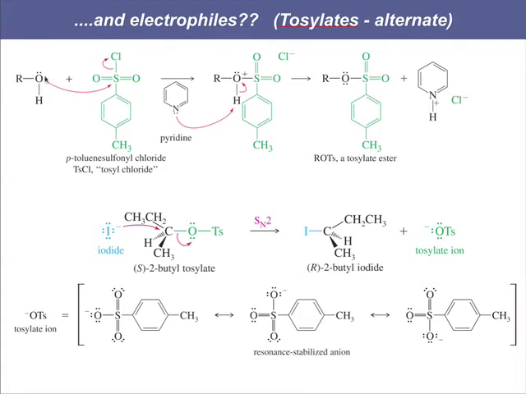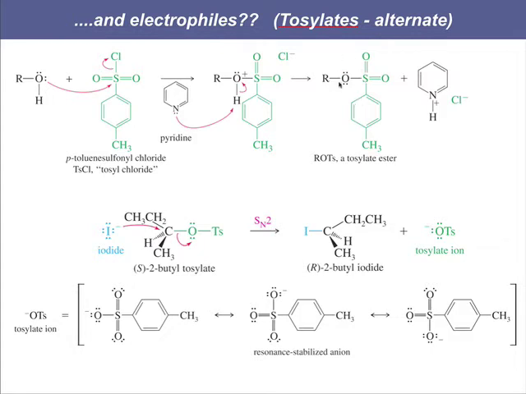So the reaction is just that the O attacks the sulfur and displaces the chlorine. We then have some weak base like pyridine around to remove that extra hydrogen from our alcohol, and we get our tosylate ester. It's an ROS double bond O double bond O. This is like an ester group, except it's a sulfonyl ester instead of a carbon ester.